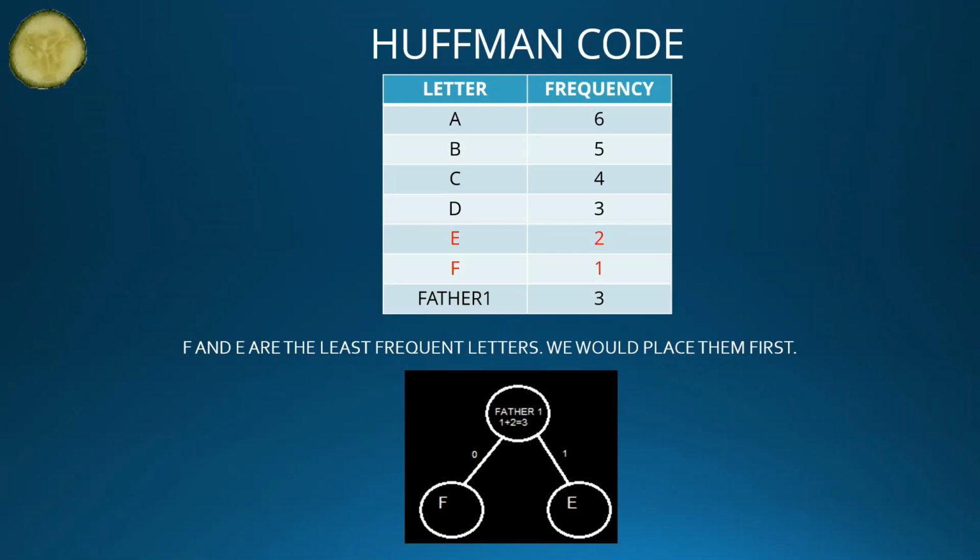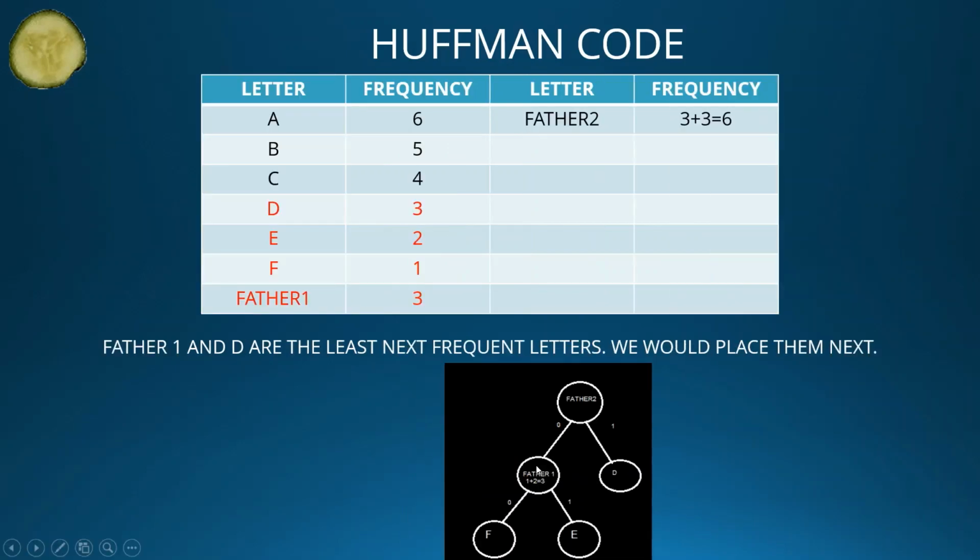Alrighty. Father 1 and D are the next least frequent. We place them next. As you can see, the frequency of Father 1 is 3, and the frequency of the letter D is 3 as well. Therefore, the frequency of Father 2, the next vertex, which again does not represent any letter of the alphabet, is 6.